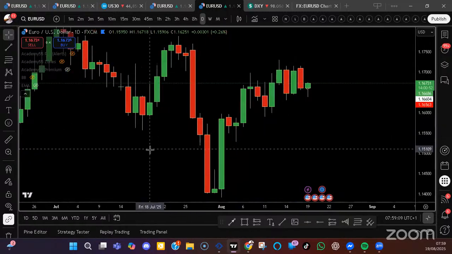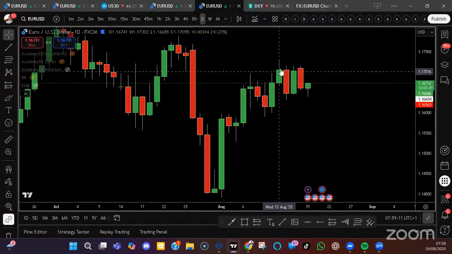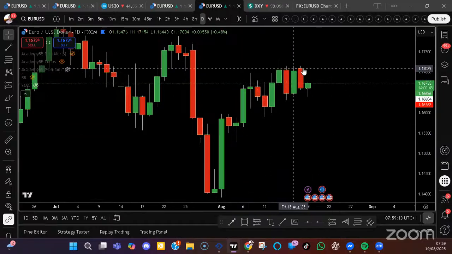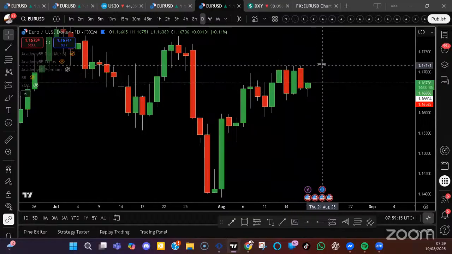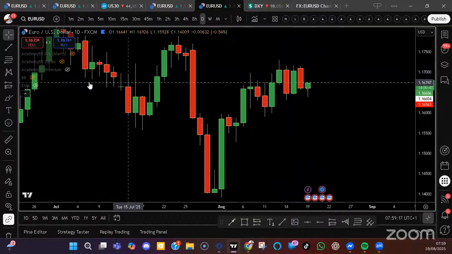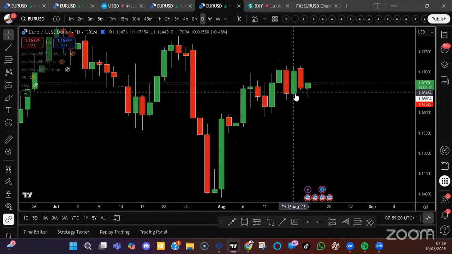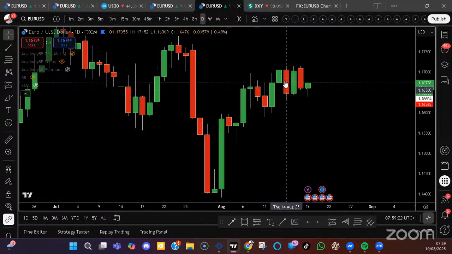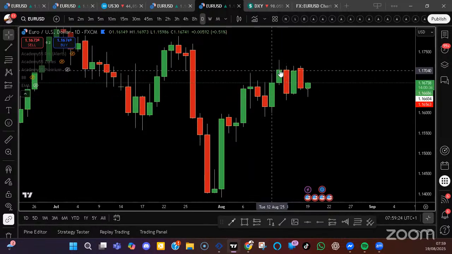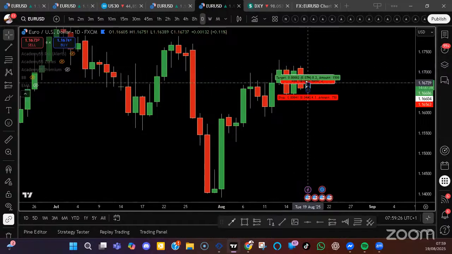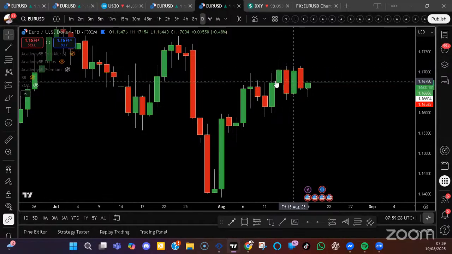But what we can see is on the daily, we've got a zone. Like I say, not going to mark it up because it's so far away, but price is stuck in this zone. It has been for a few days now.